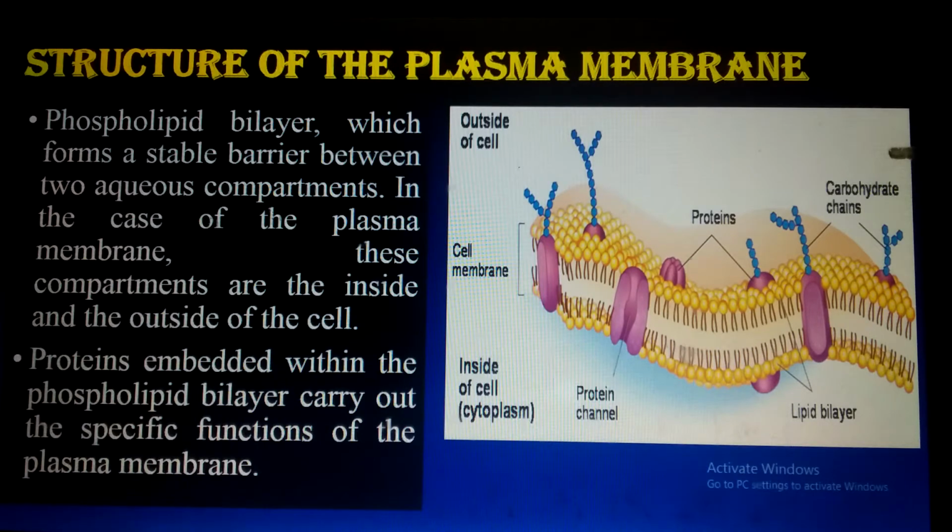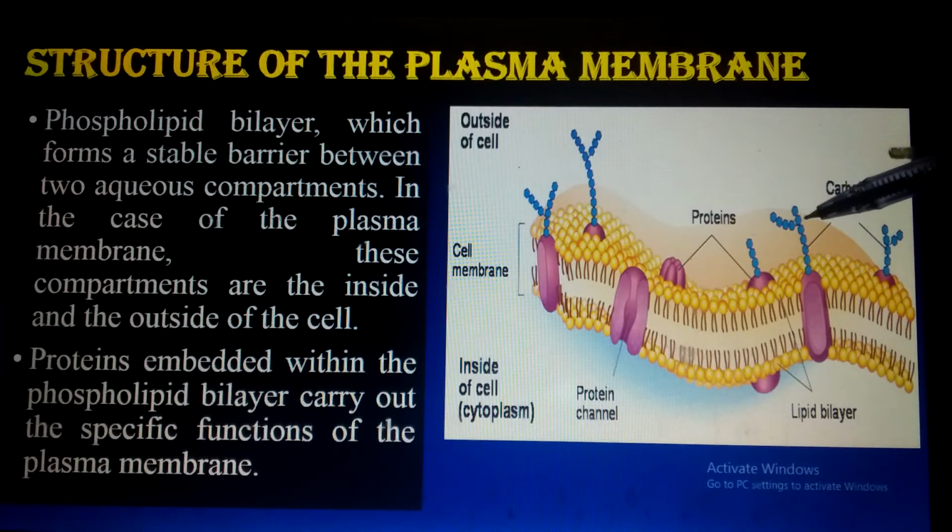The proteins are embedded within the phospholipid bilayer. You can see here the proteins which are present on the surface as well as embedded inside the cell membrane. All these proteins play a very important role, and they carry out the specific functions of the plasma membrane.